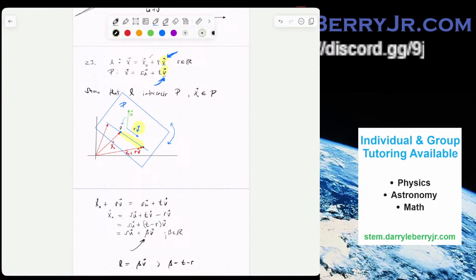So what I think I'm going to do, since I've already reviewed some problems, is review some concepts. And looking at 23, that is what I did, and I explained everything.